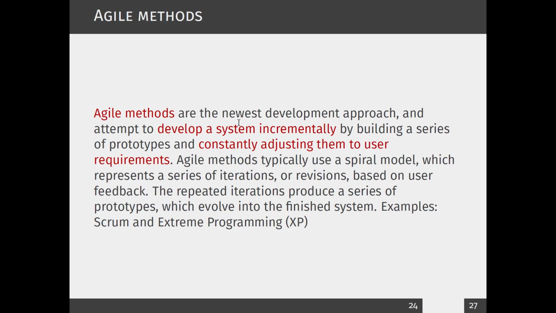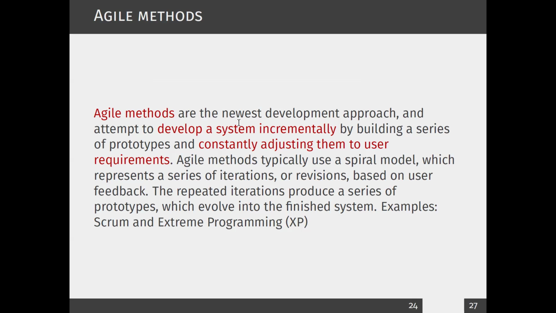So usually you will have a spiral model, which you have noticed earlier. And then you have a series of iterations. And in each of these iterations, you can actually identify errors you made in the previous step and get them corrected, right? And especially the focus is user feedback.